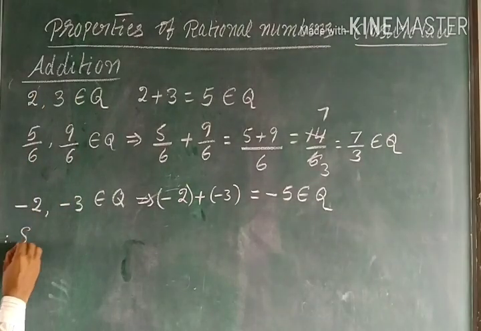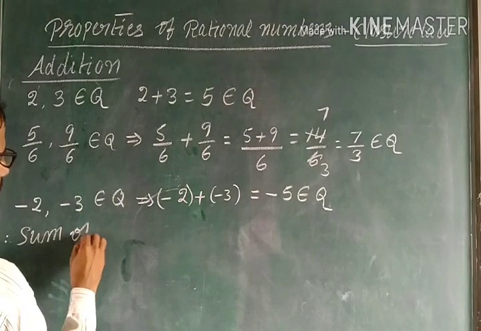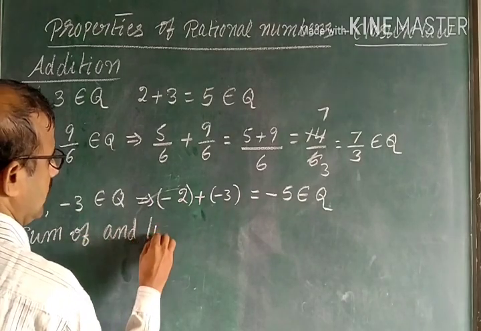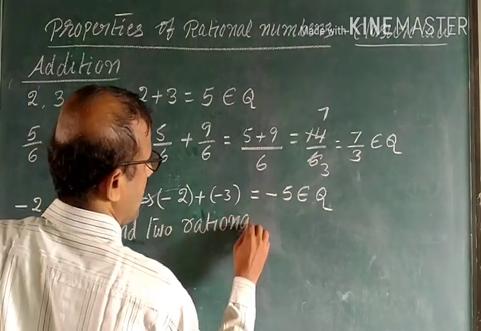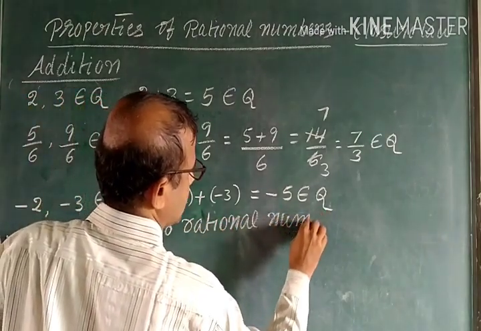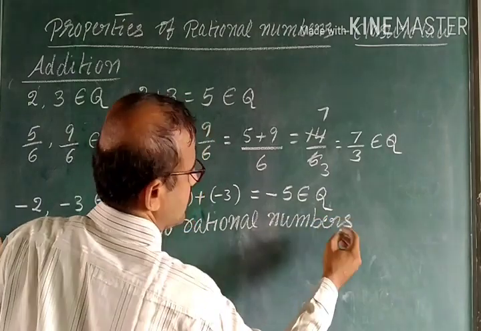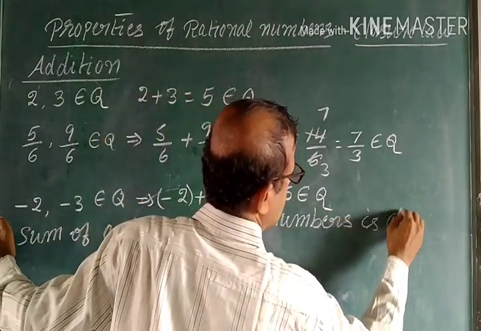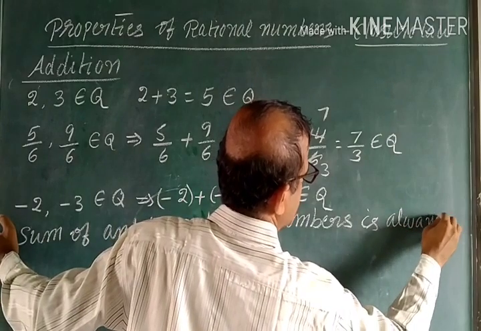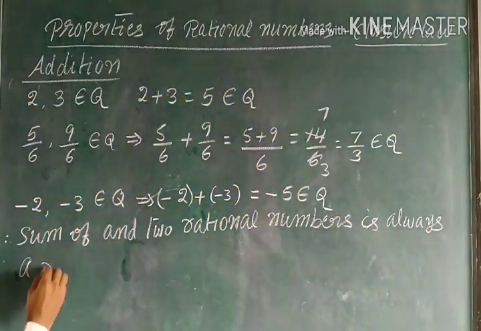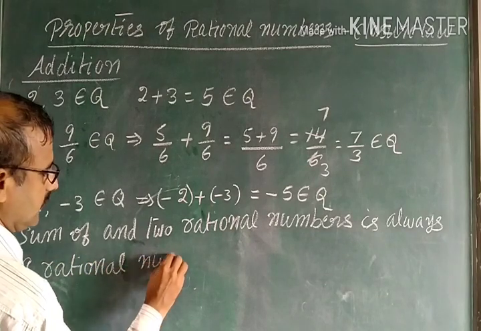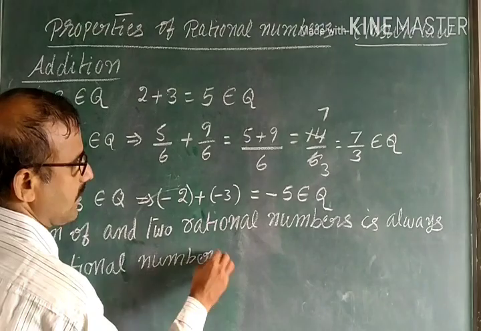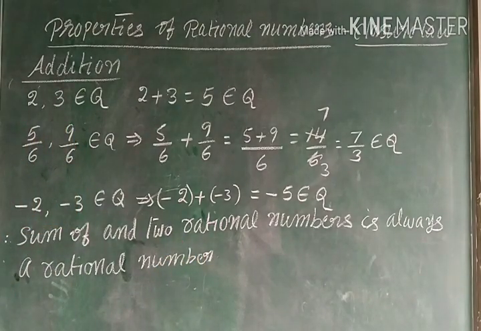Therefore, the sum of any two rational numbers is always a rational number.